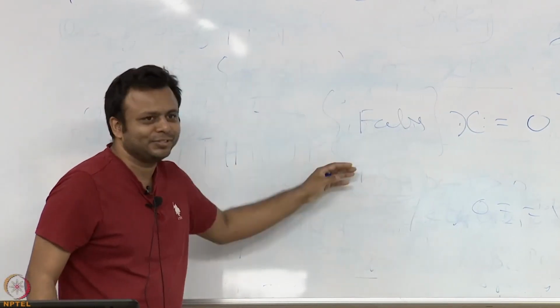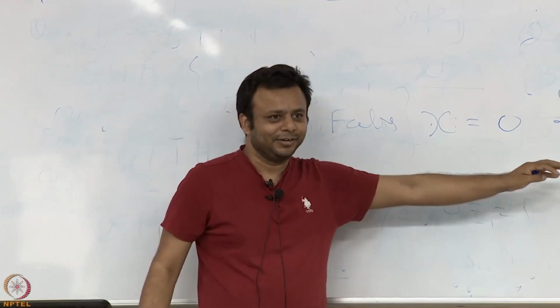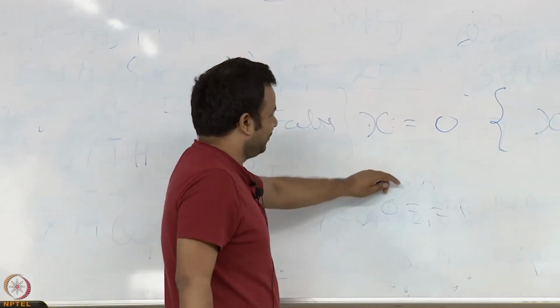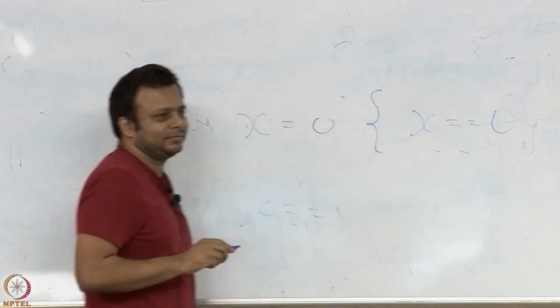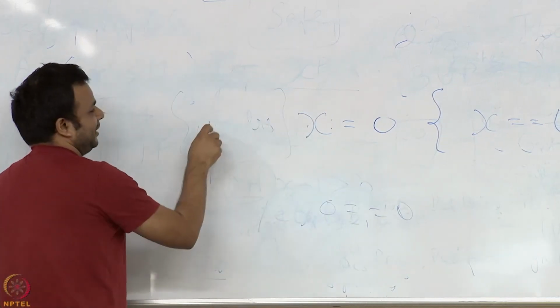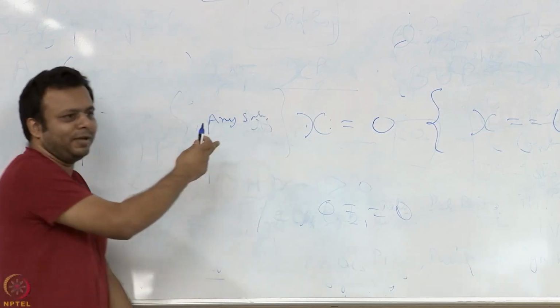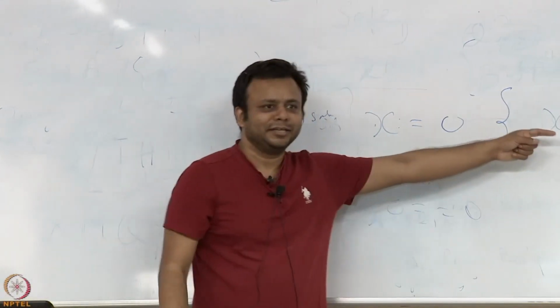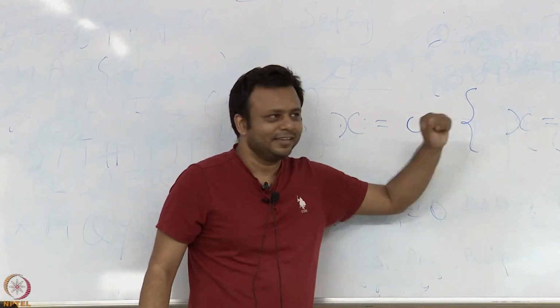Then you start with no states and you end up there, but that means you can never go there. Got it? So if I put 0 here, what will happen? It will become 0 equals 0, which means true. So you can start with any state. X can be any value, it is going to get there. See, it works.